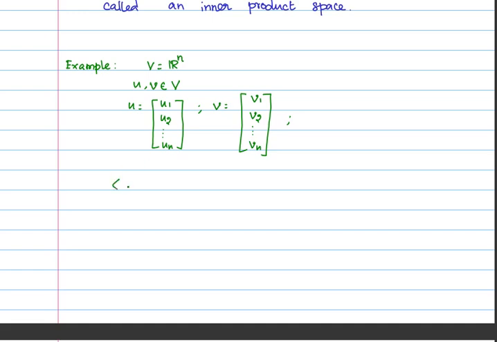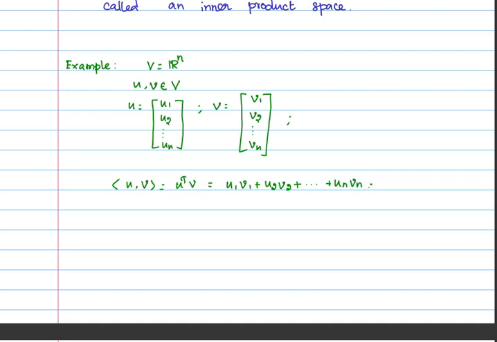So the inner product of u comma v equals u transpose times v, a matrix multiplication you can do. That is u1 times v1 plus u2 times v2 and so on, un times vn.